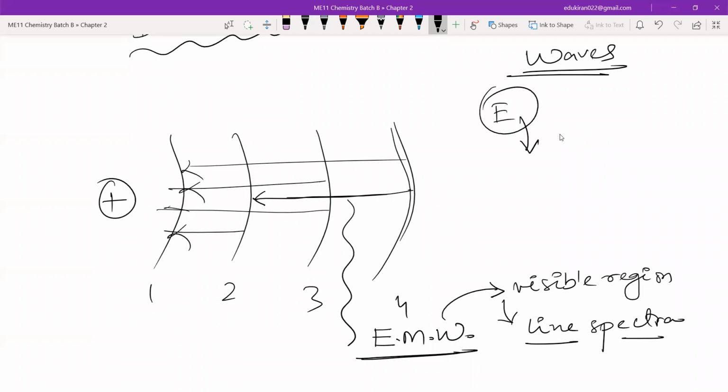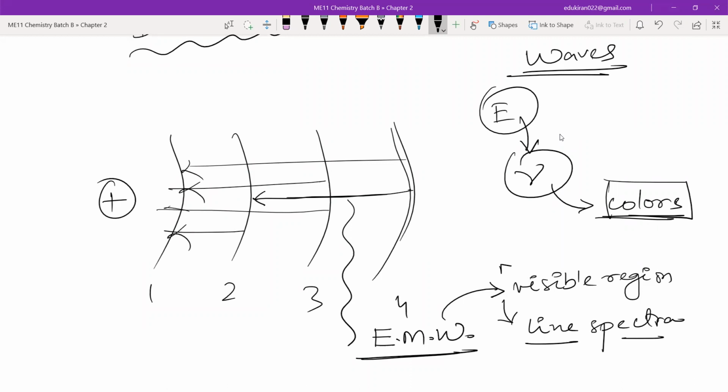That would mean there will be some possible frequencies. That would mean there will be only some possible colors. Now, what you saw in the grating and in that video was that the transitions were happening, and we saw only those transitions which were happening in the visible region. Okay, so more on that in the next lecture.